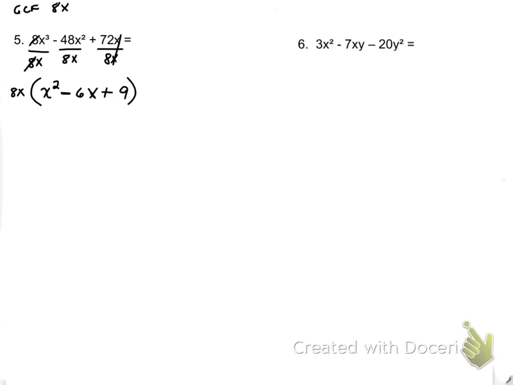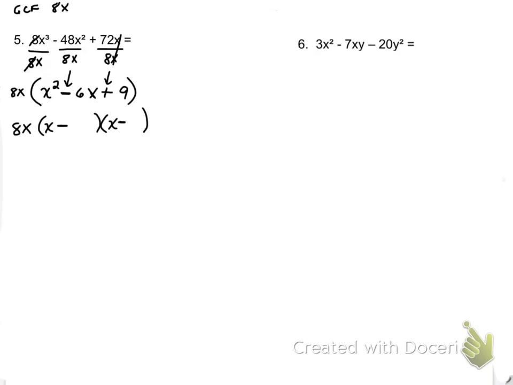So now, knowing what we know already, we have a 1 in front of the x squared, so we make our 2 sets of parentheses. The way you get x squared is x times x. We know from this that the signs are the same inside the parentheses, and we know from this then that they are minus.